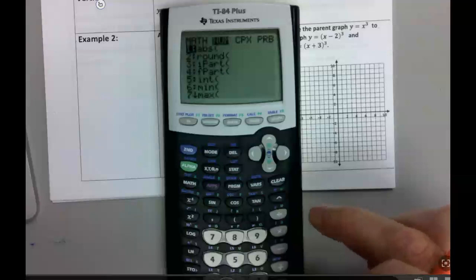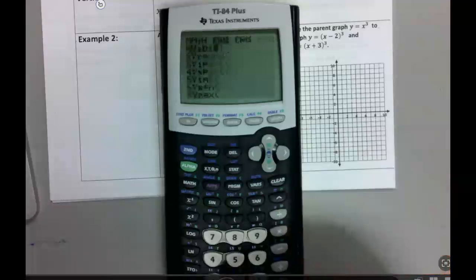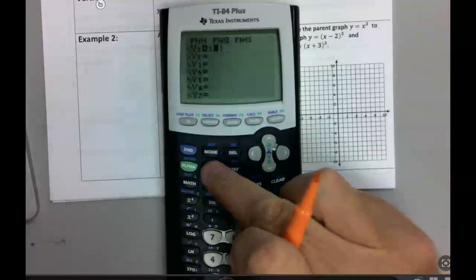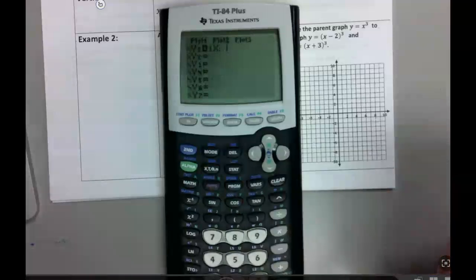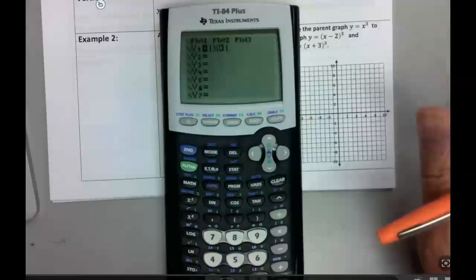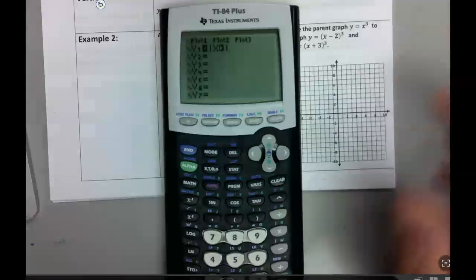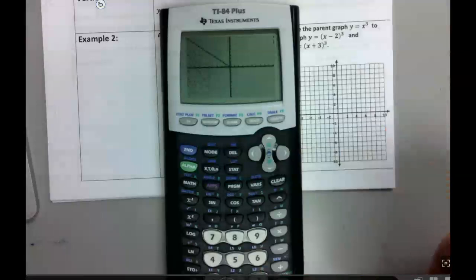And everybody see ABS. Hit number 1 and then put the X in there. You don't have to hit Zoom Standard or anything because it's set for Zoom Standard until you change it. Does that make sense? So hit graph and it should give you a Y-shaped looking graph, correct?